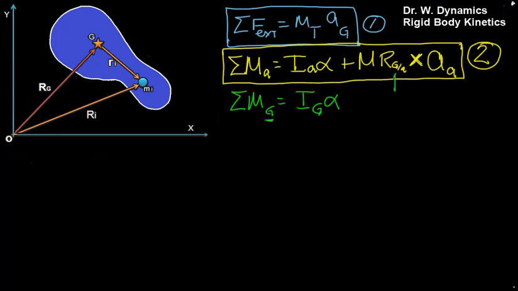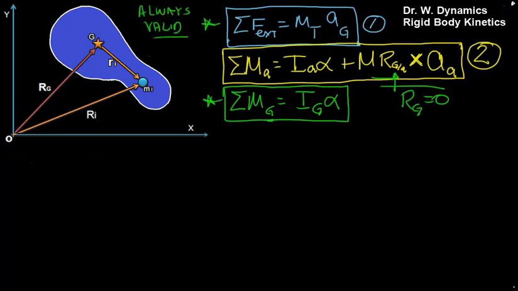If we're taking the moments about G, R of G is equal to 0, and this does not exist. So this equation becomes one of our go-tos. This will always work, and we won't have a cross product to worry about. So these two equations are always valid. And this equation is valid as well, but could involve more work if there's some acceleration of the reference frame.